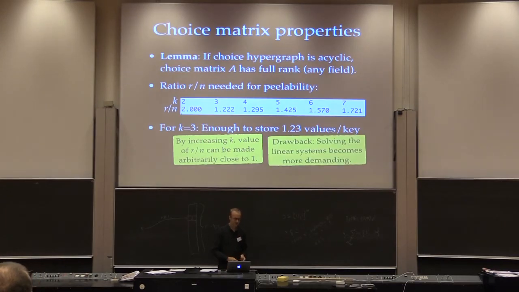But the drawback, if you want to go this route, is that solving the linear system becomes more demanding. And one of the possible ways to address this is exactly as you were suggesting, to use these non-regular hypergraphs that you get if you vary the number of values per key. But I think there's still more work to be done there.